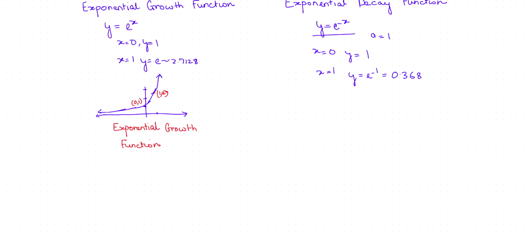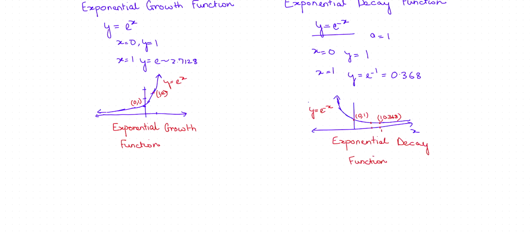It will decrease as x increases. So we see here the exponential decay function, where when x increases, y decreases exponentially. When x is 0, y is equal to 1, and when x is 1, y is 1 over e, which is 0.368.